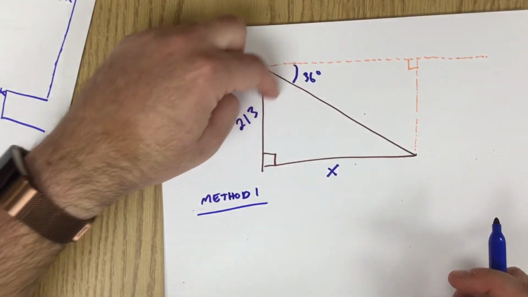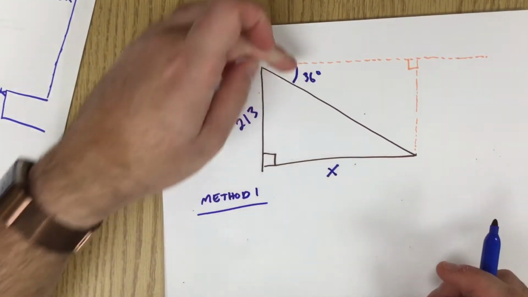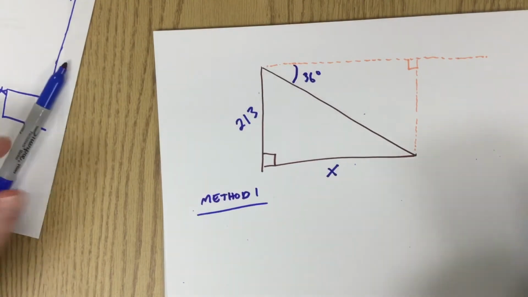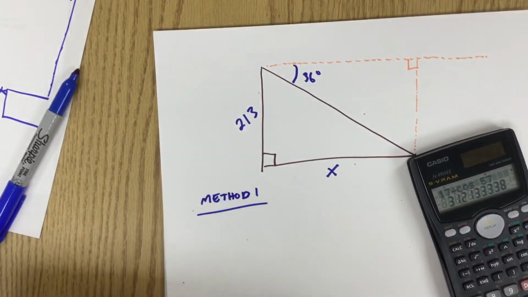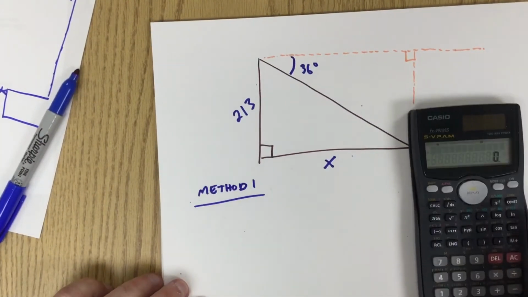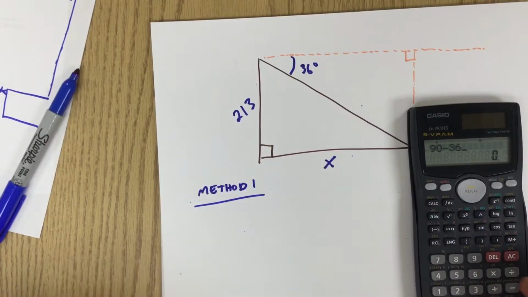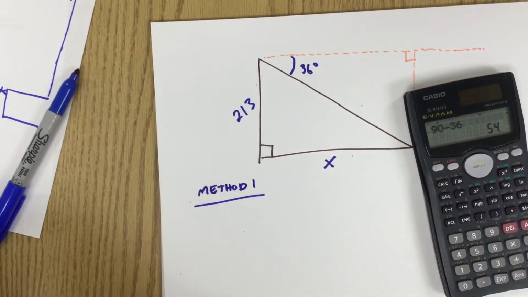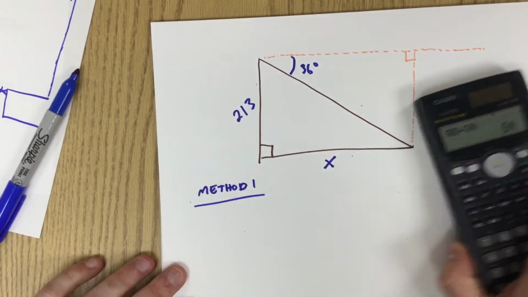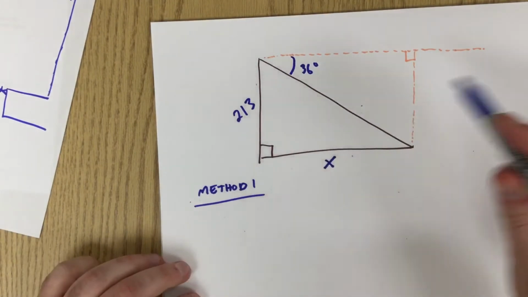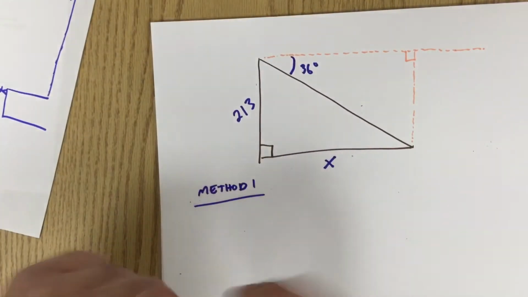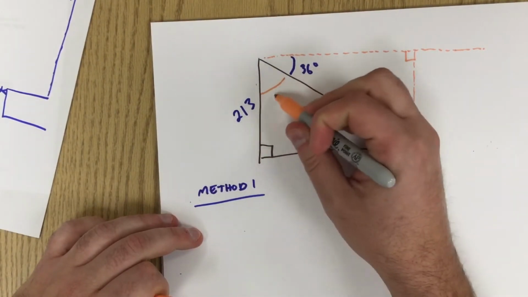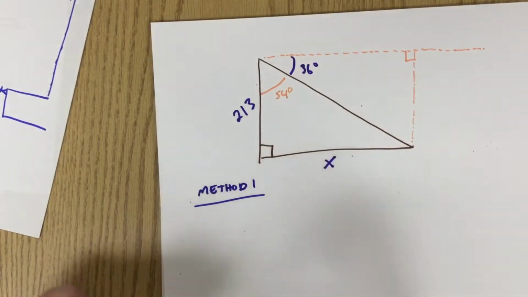We know that this angle over here in total is 90 degrees. This plus this is 90 degrees. So we can figure out how big this one is. 90 minus 36 is 54. So we could calculate that this angle over here is 54 degrees.